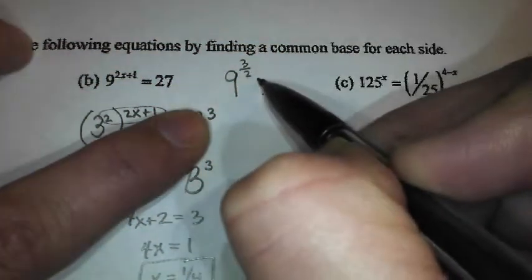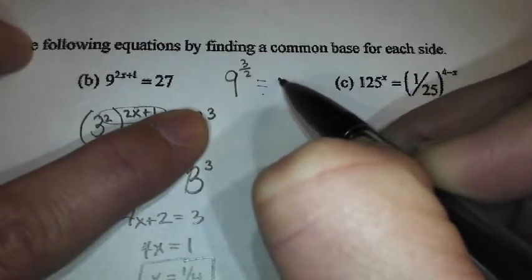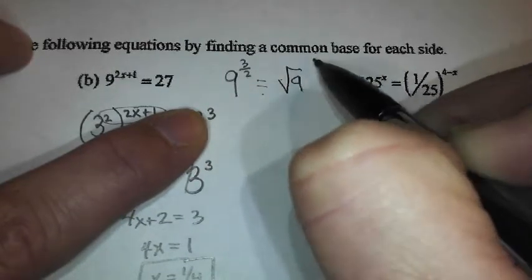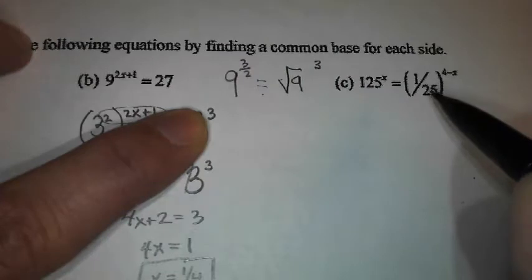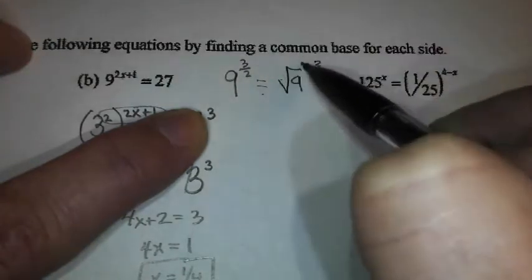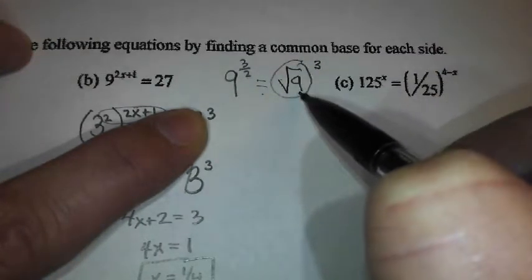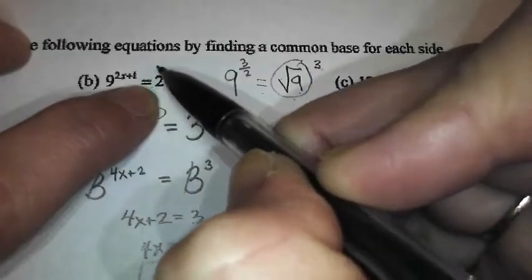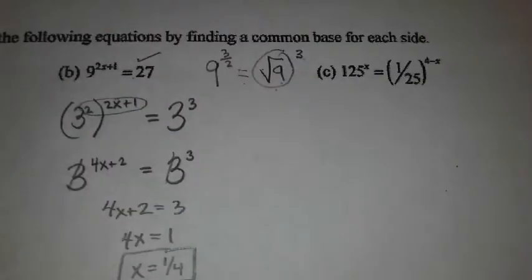This is the same as the square root of 9 cubed, right? Square root of 9 is 3. 3 cubed is 27. All this stuff is kind of intertwined, which is why I'm bringing up that exponent radical rule.